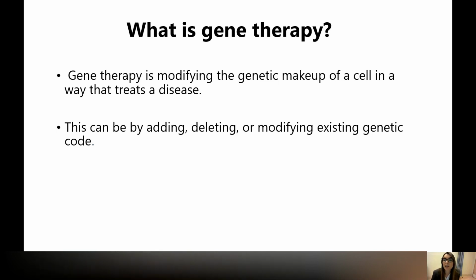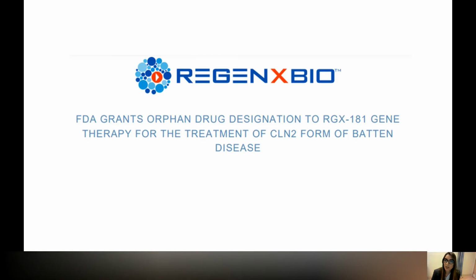So it's a pretty revolutionary way of treatment, and it's been developed for many diseases, not only in epilepsy, but many other areas in medicine. This is an example of a drug that was approved for an epilepsy that's caused by Batten disease.